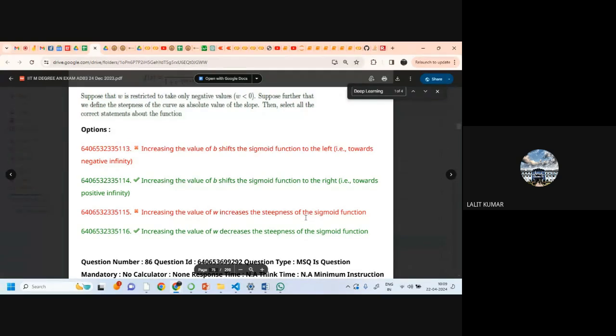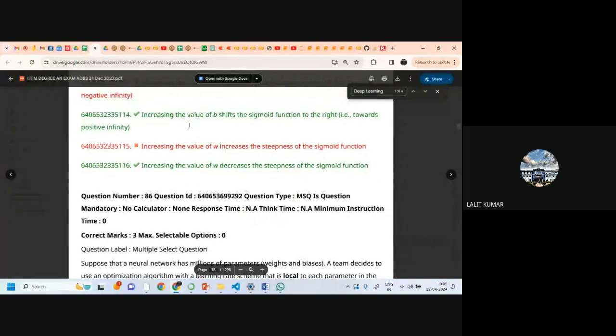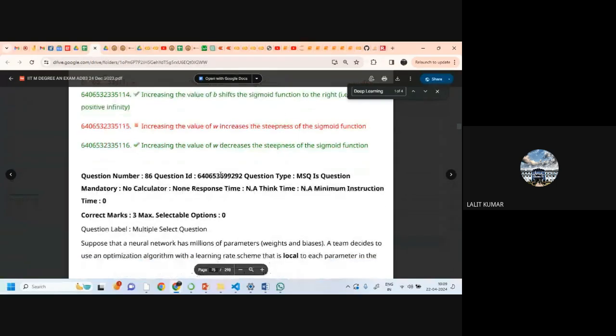It will happen if W is positive. When W is negative and we are decreasing it, it increases the steepness of the slope. So these are the two. I request everyone to use Desmos to get these concepts clear. It becomes very clear with Desmos.